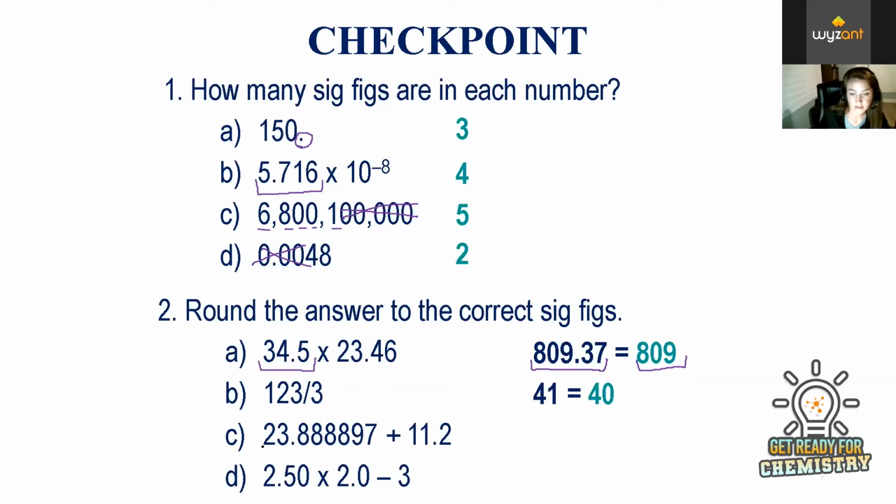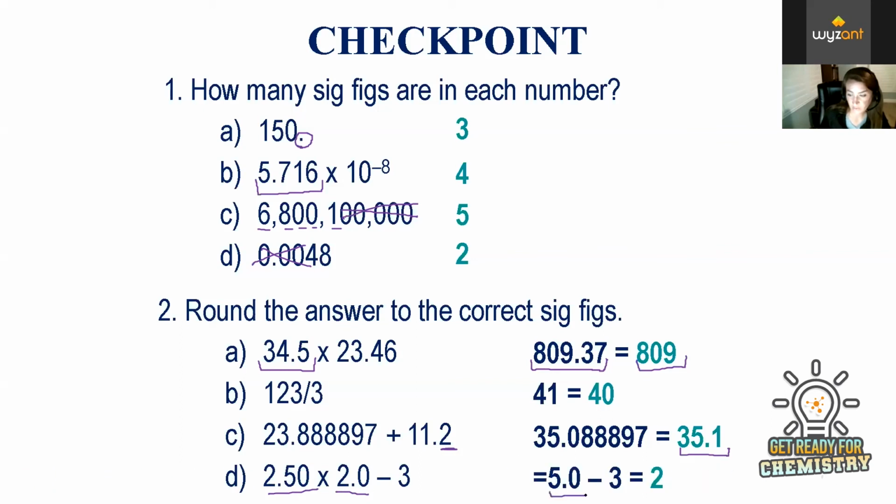And then 23.888897 plus 11.2. I'm rounding this to 35.1 because I'm modeling after this number here. And then 2.5 times 2 minus 3, so this can be done in steps. 2.5 times 2 is 5.0 minus 3, so this has no numbers after the decimal, so I rounded to 2.